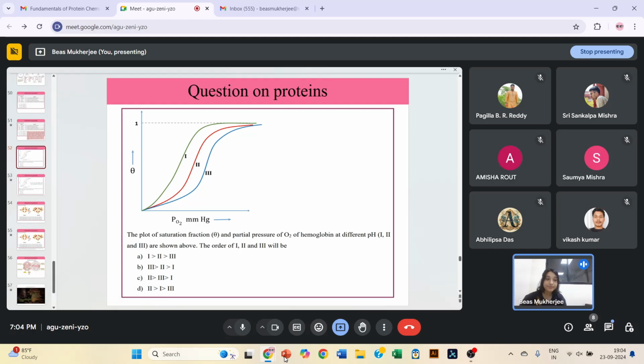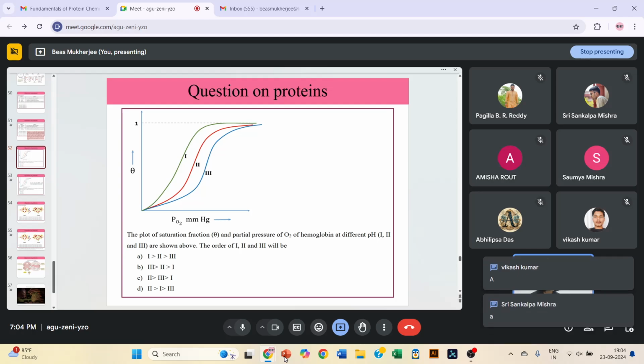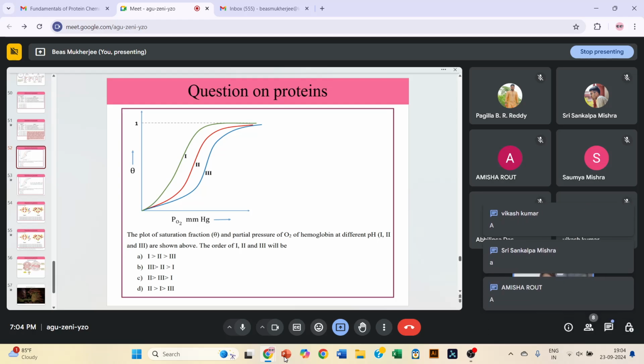See, there are 3 plots given for partial pressure of oxygen. The plots of saturation fraction theta and partial pressure of oxygen of hemoglobin at different pH 1, 2 and 3 are given below. The order of 1, 2 and 3 will be A. Okay, great.